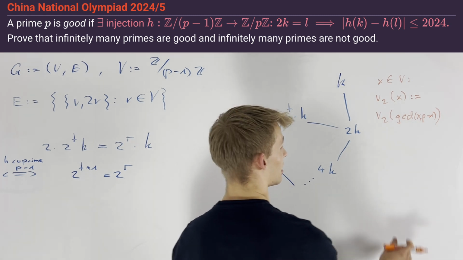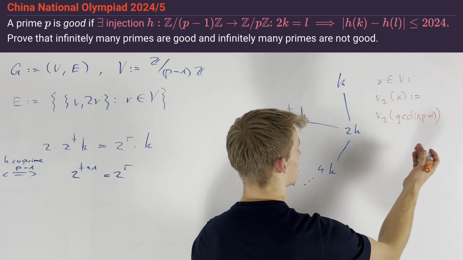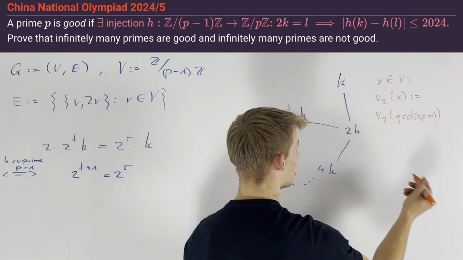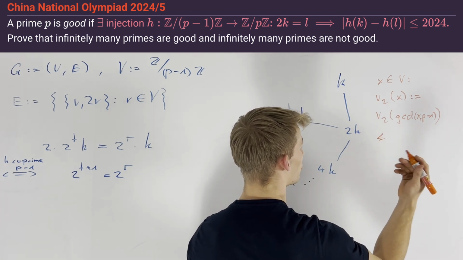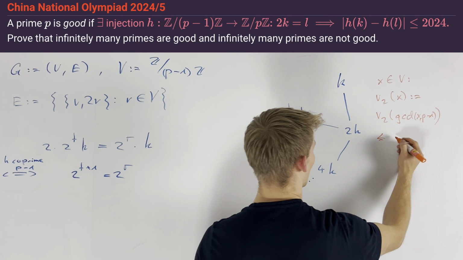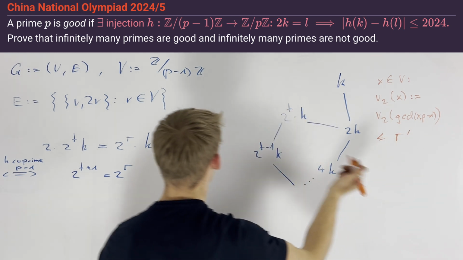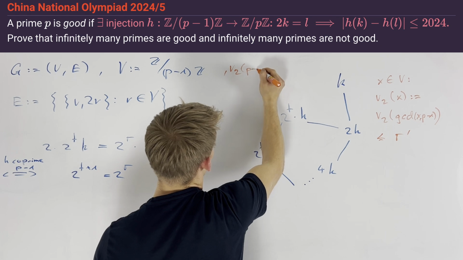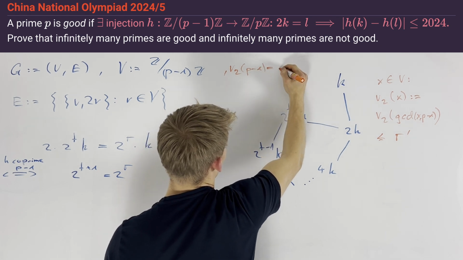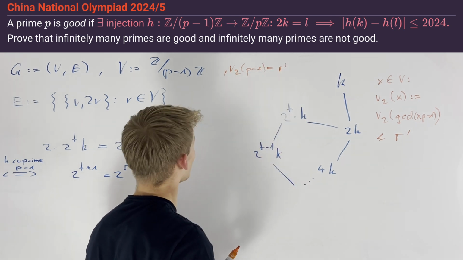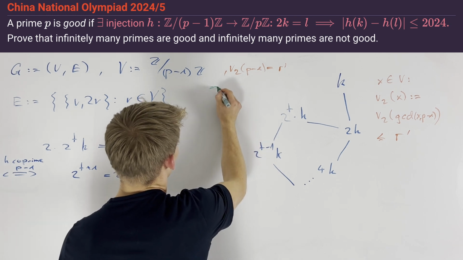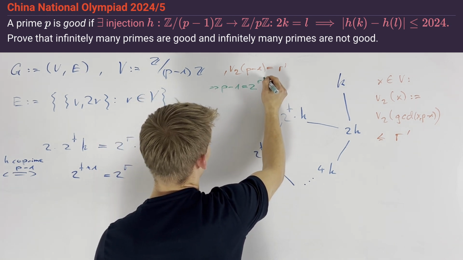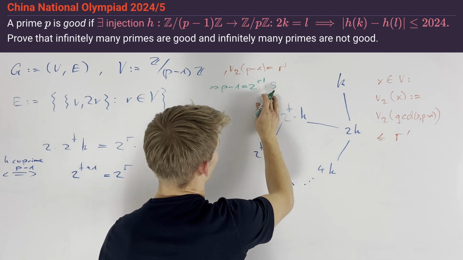I want to note that this greatest common divisor is a divisor of p minus 1, and therefore nu2 of this quantity here is less than or equal to nu2 of p minus 1, and I want to call this r prime, so I define nu2 of p minus 1 to be equal to r prime, and this also allows us to write p minus 1 as 2 to the power of r prime times s, and s is odd.